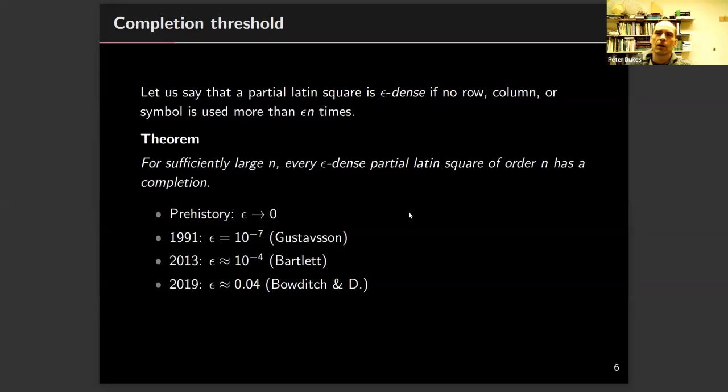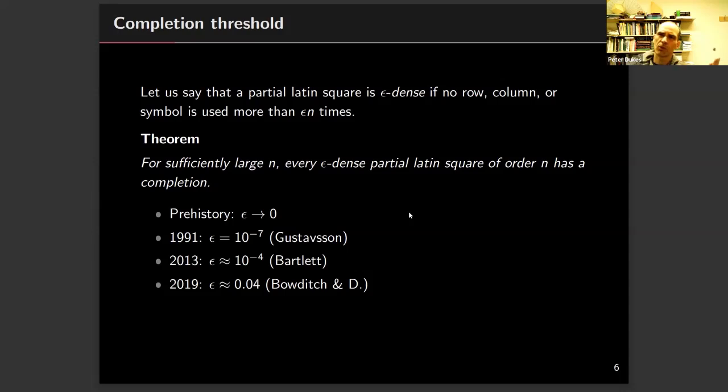Back in the 80s, it was shown for a sublinear but still fairly interesting proportion of the cells filled in, maybe something like order of root n occurrences of a symbol in each row and column, and each symbol occurring about root n times, or something like that, some partial results involving special values of n.